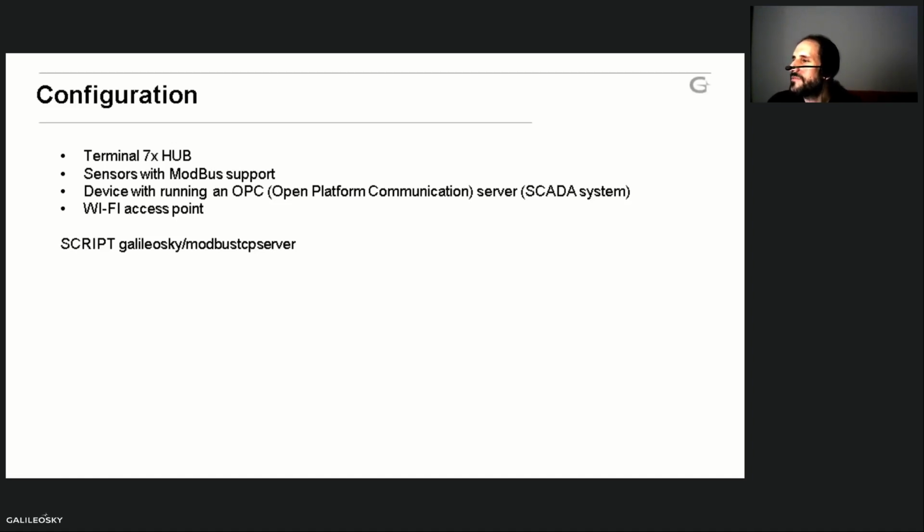He's asking me if we can use the 7X as an IP, not as a client, but as an IP, so the TCP client connects directly to the Galileosky 7X TCP server over Wi-Fi. By now, no. I'm pretty sure no.